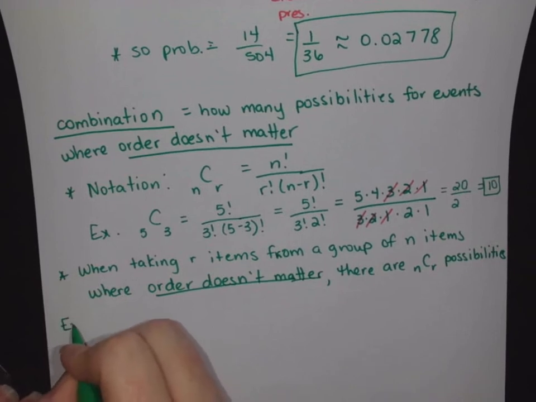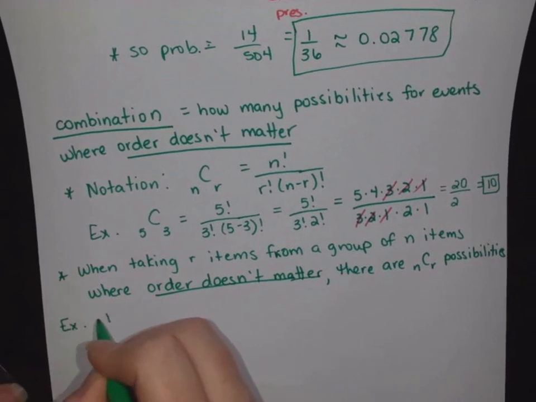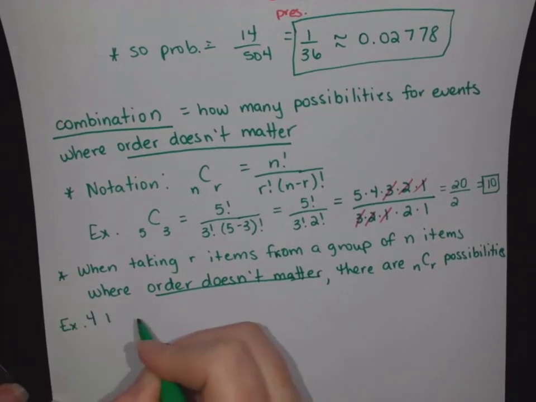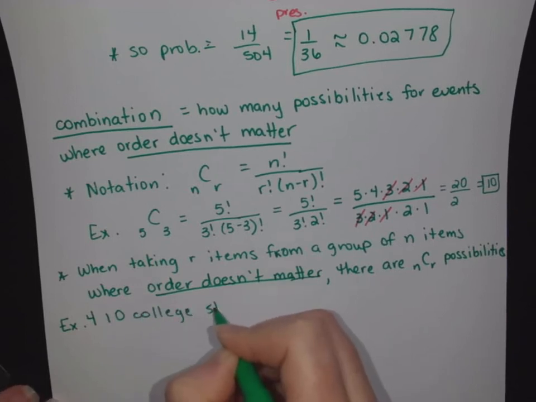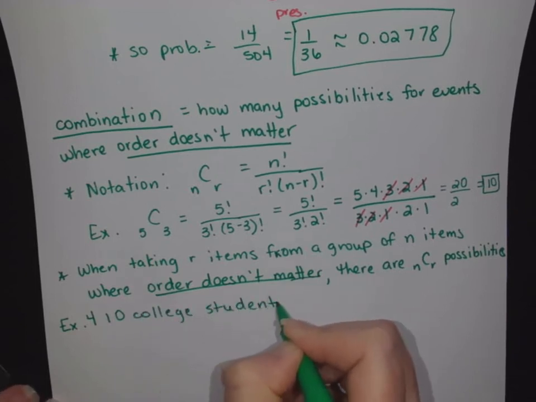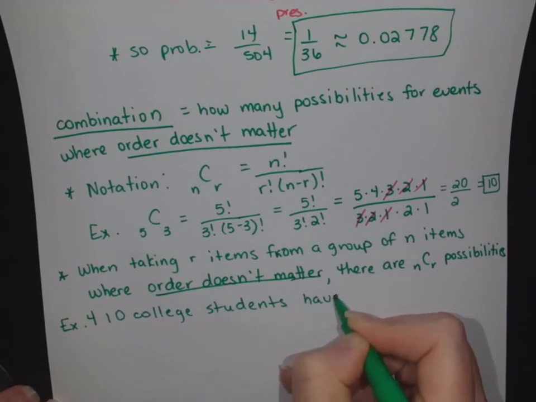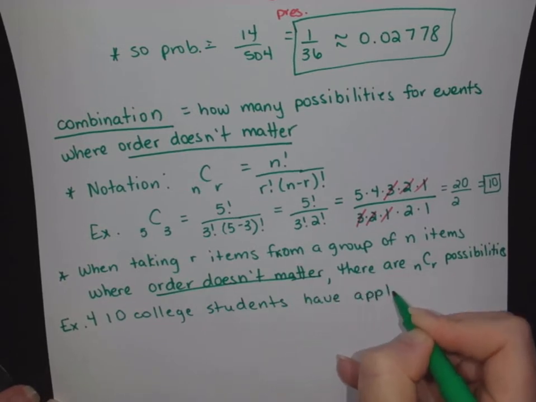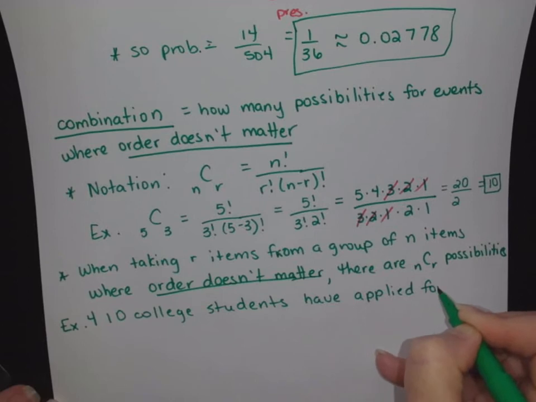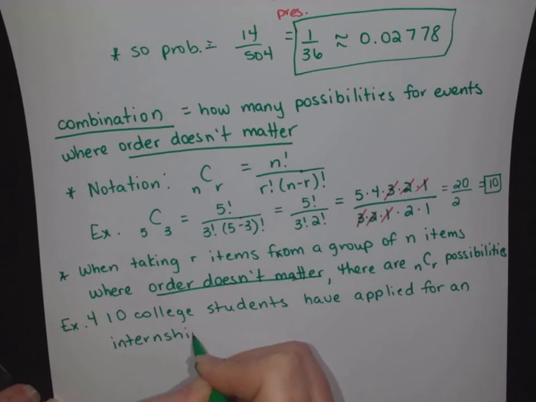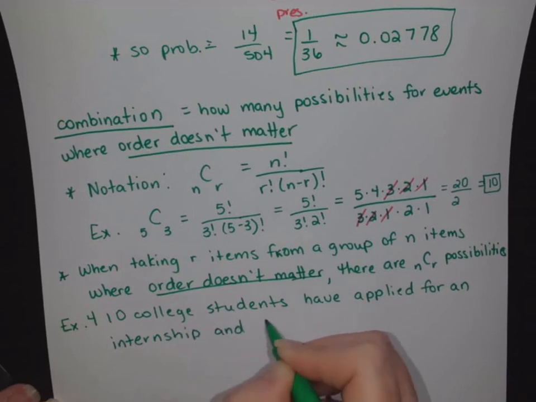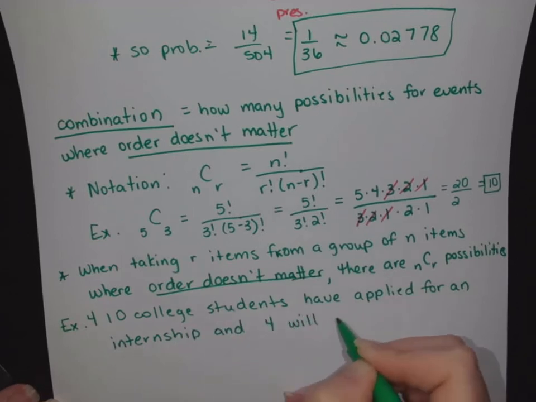All right, so let's look at an example where maybe order isn't so significant. So this will be example 4. So let's say that 10 college students have applied for an internship and 4 will be chosen.